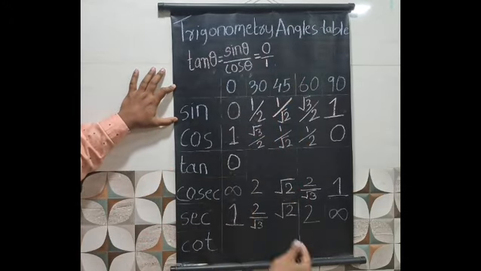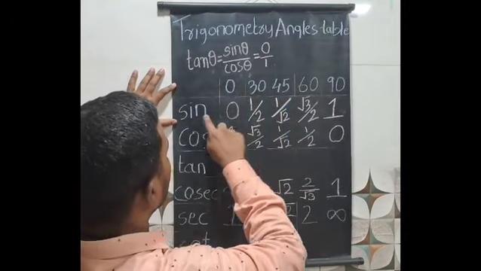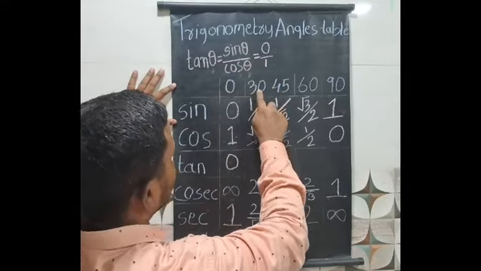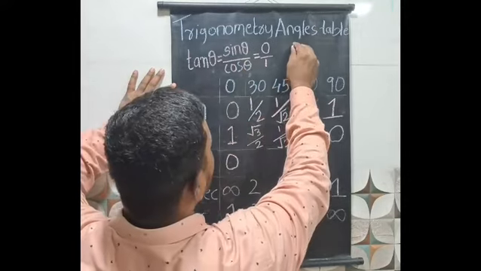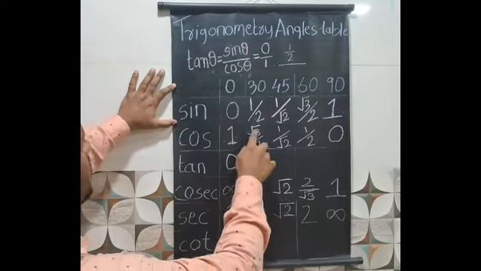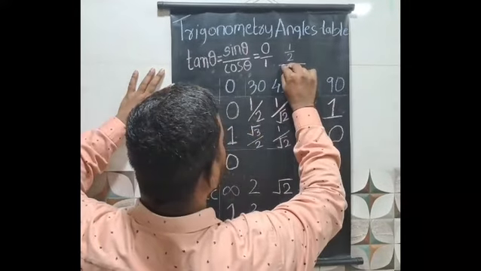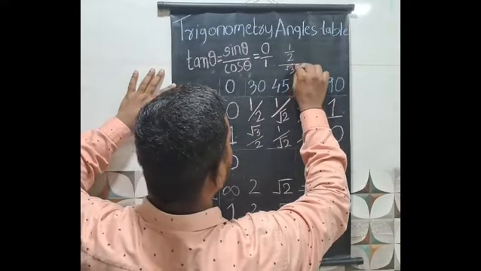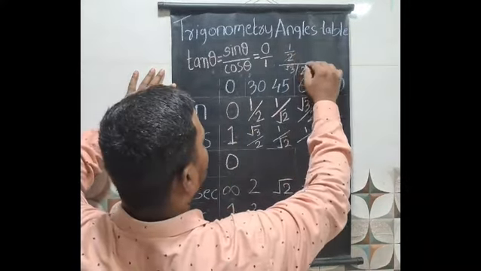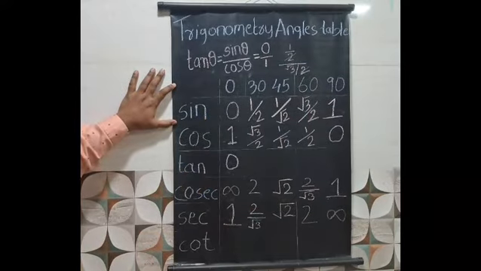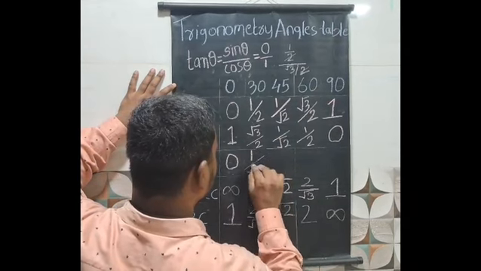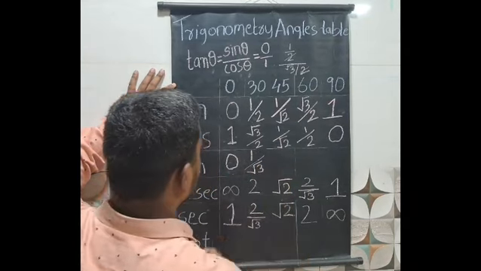Going forward with 30, we substitute theta as 30. Sine 30 is 1 upon 2, cos 30 is root 3 upon 2, so the 2 and the 2 will get cancelled, and we are left with 1 upon root 3.